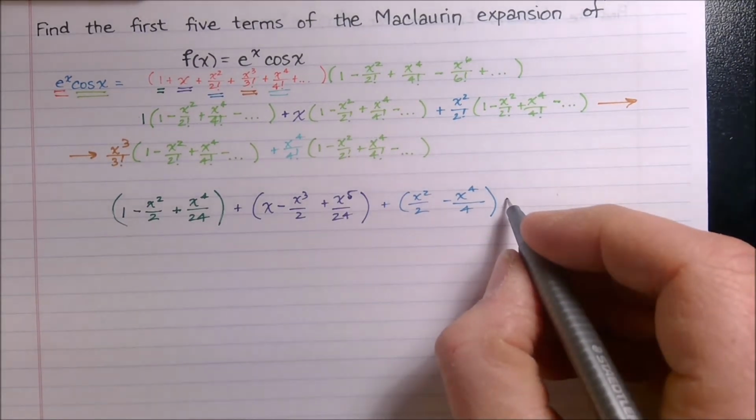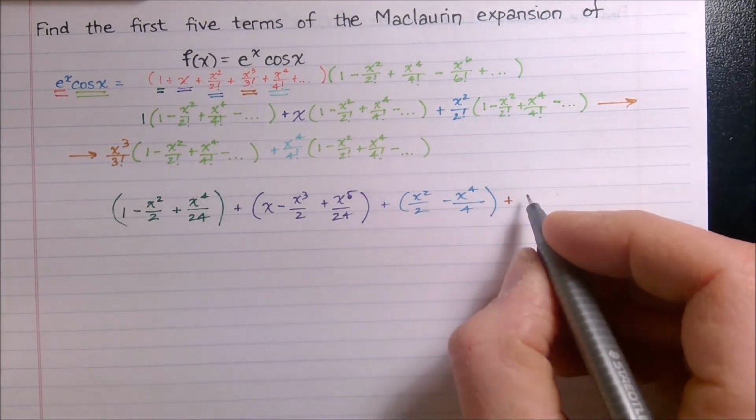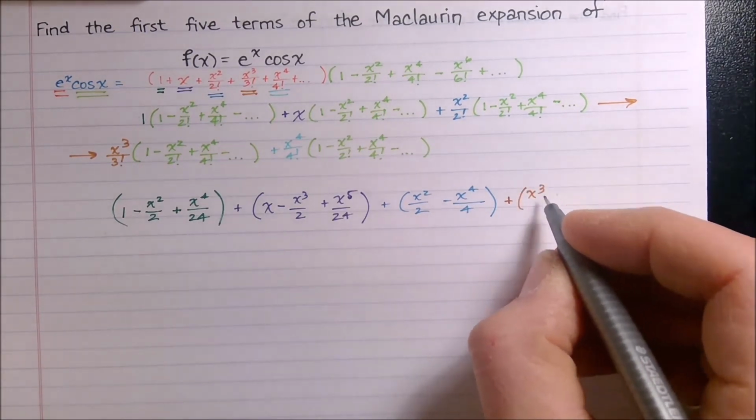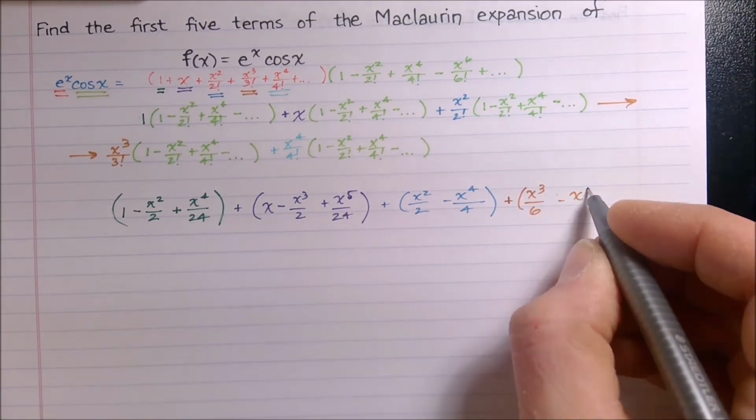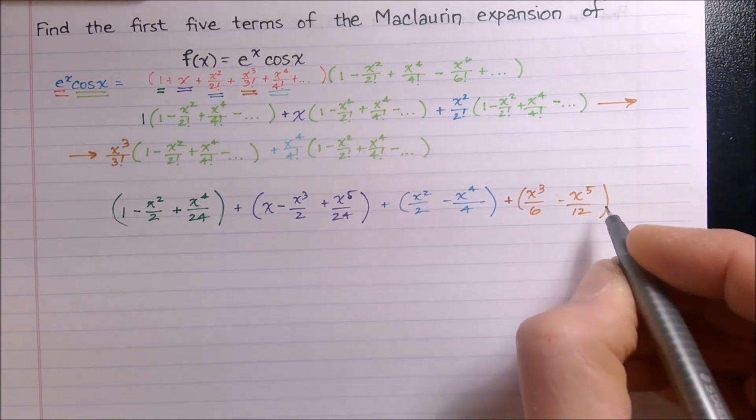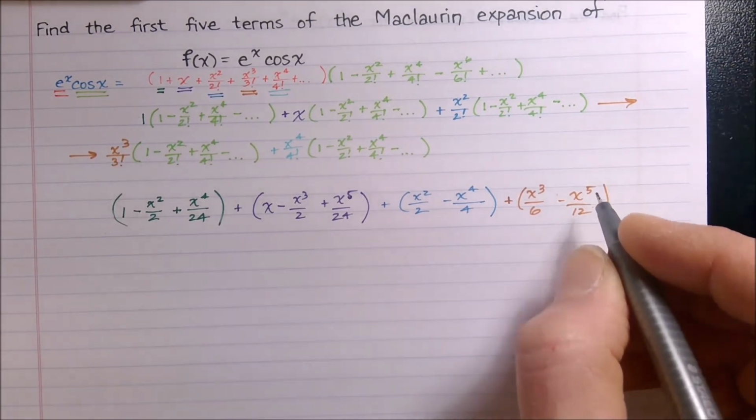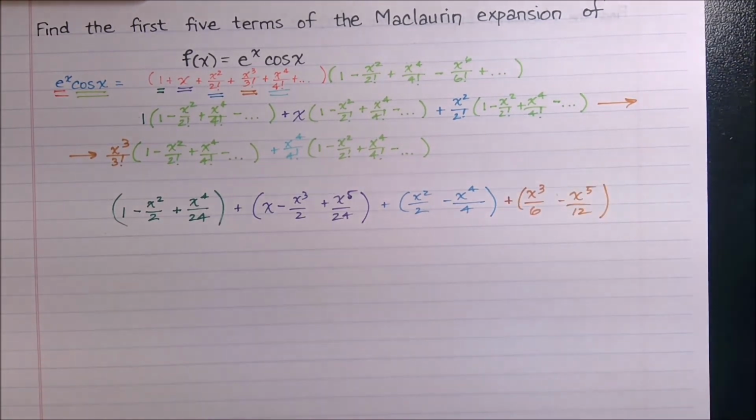Next one, when I bring in x cubed over 3 factorial, I'll have x cubed over 6 minus x to the fifth over 12. Again, I'm stopping there only because I know what happens after that. The degree will likely be too large.